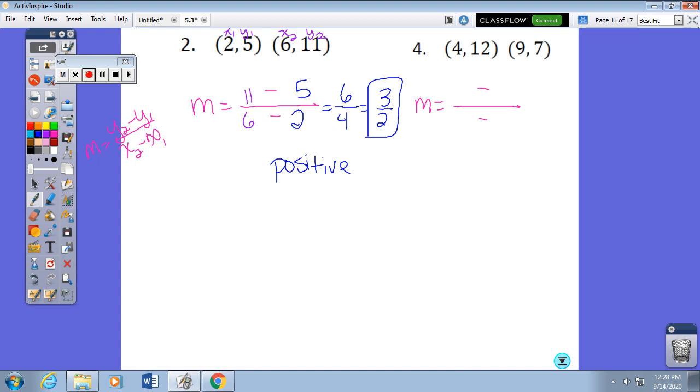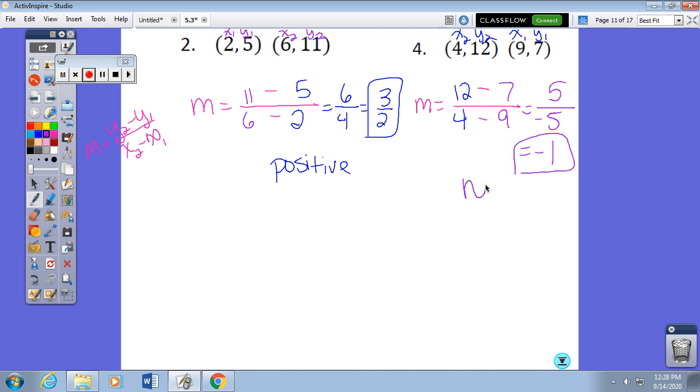Hopefully you can go ahead and start this one and see how it goes. I'd like you to plug in x1, y1, x2, y2. But what I was saying is, if you flip-flop these, and let's say you put 4 and 12 first, that ordered pair, and then you put 9 and 7, first number on the bottom, I would get 5 over negative 5, which is going to be -1.